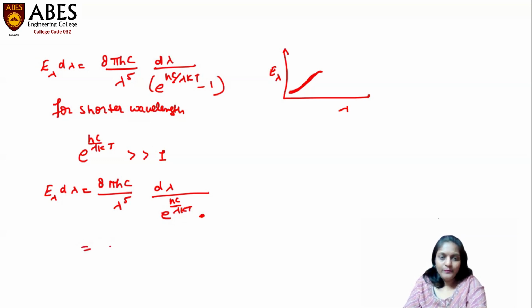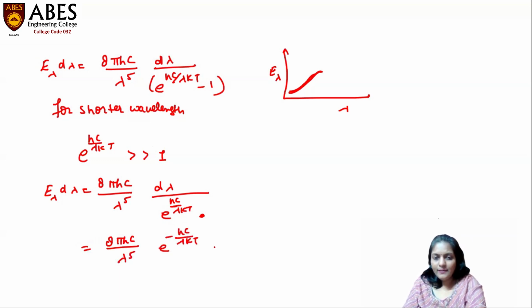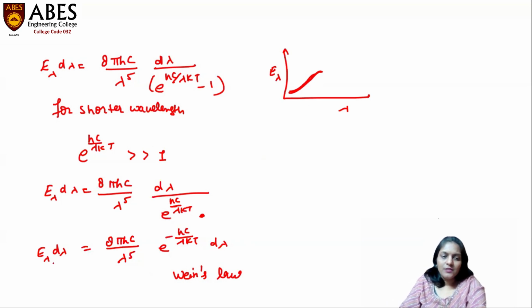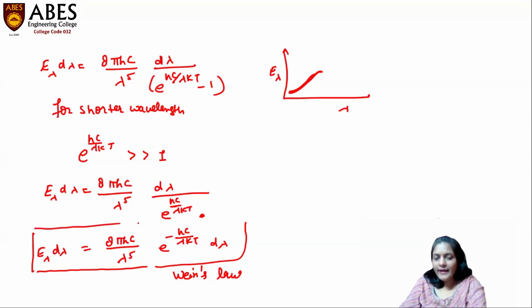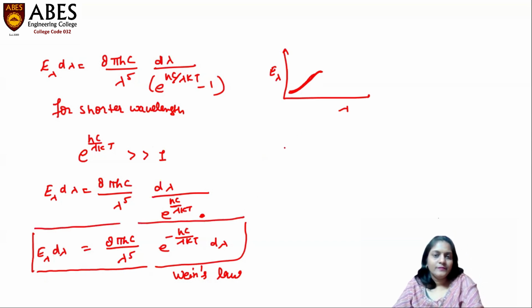So it becomes 8 pi hc upon lambda raised to the power 5 e raised to the power minus hc upon lambda kT into d lambda, and this is called Wien's law, and it is suitable for the shorter wavelength range. This graph successfully explains the black body spectrum at shorter wavelength.